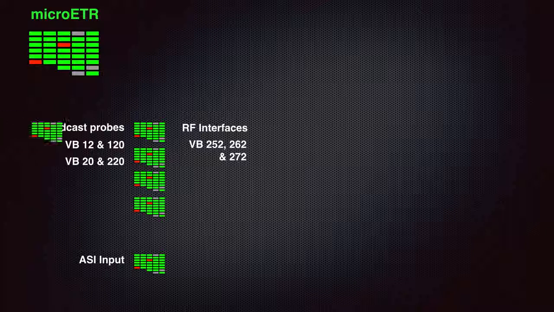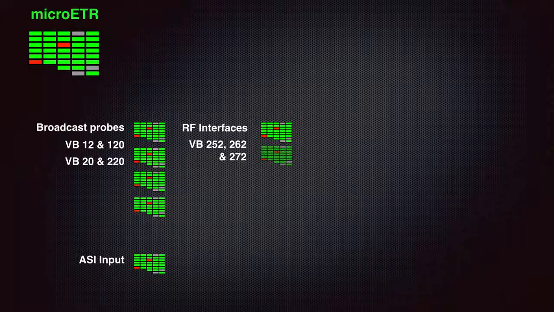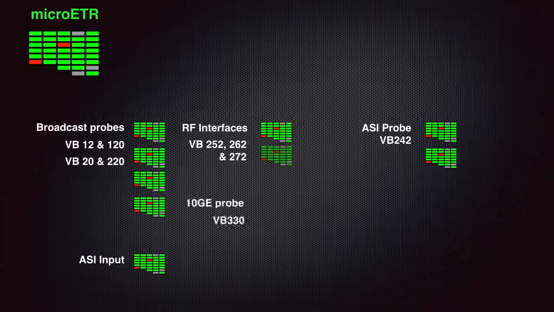All of the RF interface cards have 1 or 2 inputs. Each of its inputs has its own ETR engine. The VB242 ASI probe has 2 ETR engines. And the VB330 10GB probe may be licensed for up to 200 ETR engines.